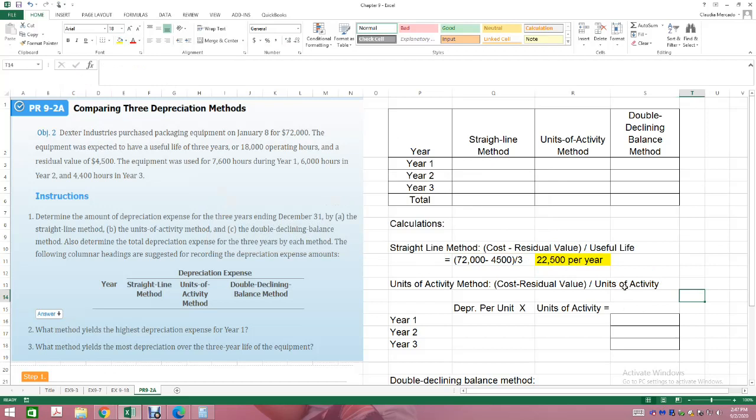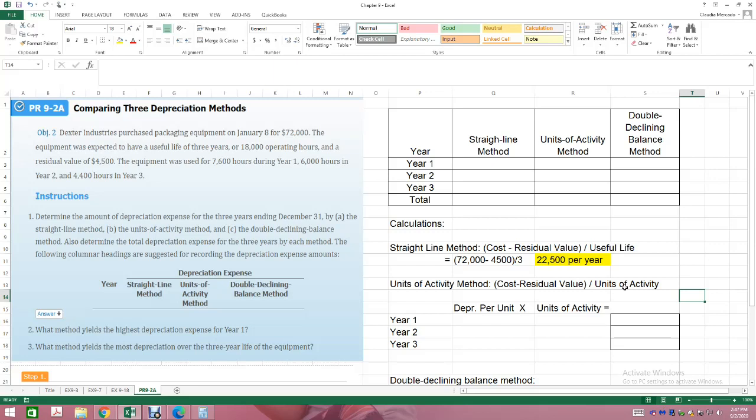So using the straight line method, it's your cost minus your residual value divided by useful life. The cost is 72,000 minus the residual value of 4,500 divided by a useful life of 3 years. That's going to give me the depreciation expense of 22,500 per year.